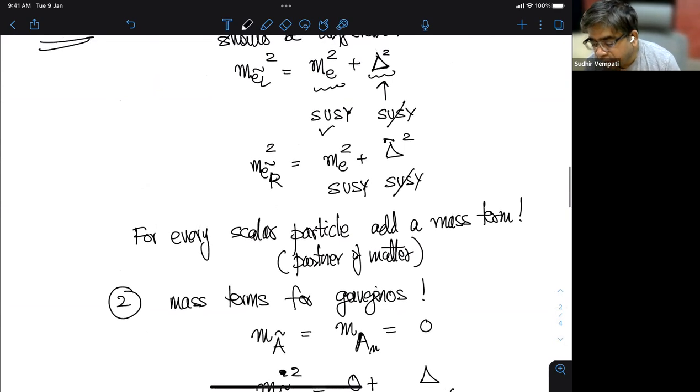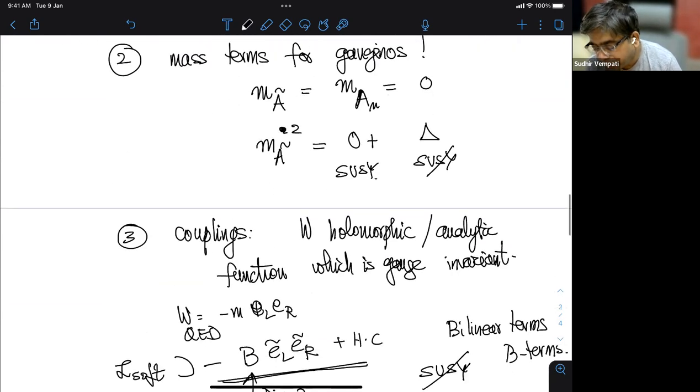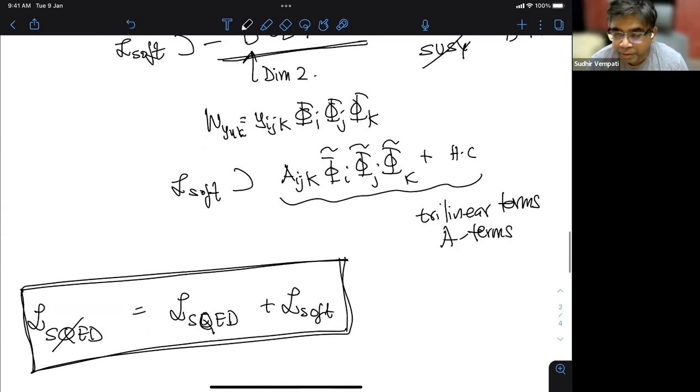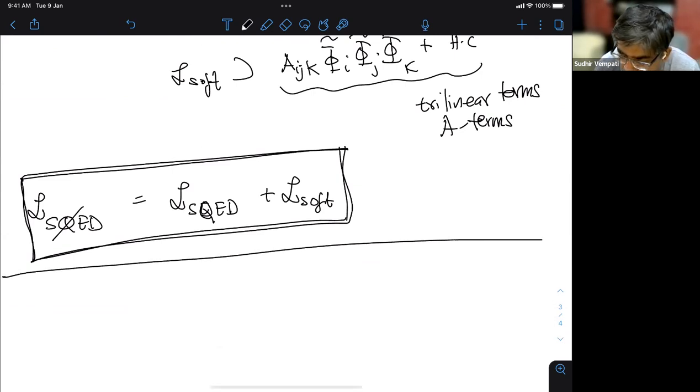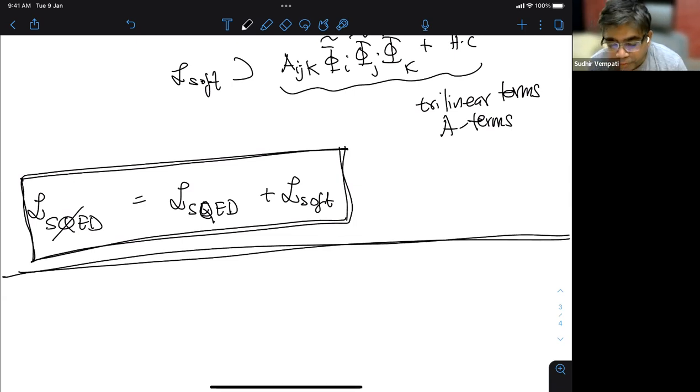And now we have drawn all the Feynman diagrams. You can analyze it, put it in, say, MadGraph, and look for signatures and so on. So you can do the whole game essentially. If you agree up to this, then we can start moving towards the MSSM.